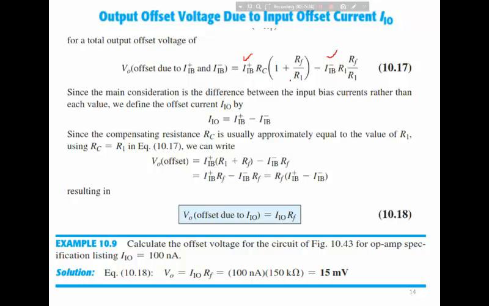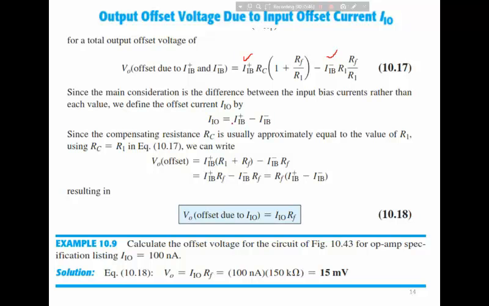But when there is a slight difference between these two currents, then input offset current is established, and that causes the output offset voltage. So the main consideration would be their difference.